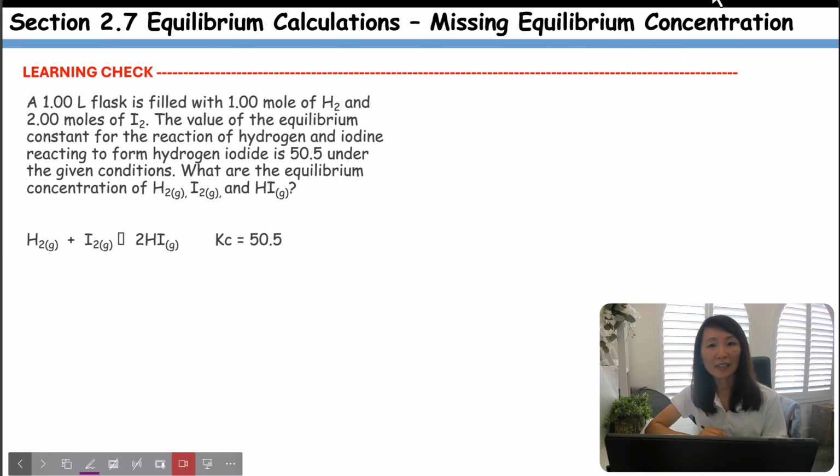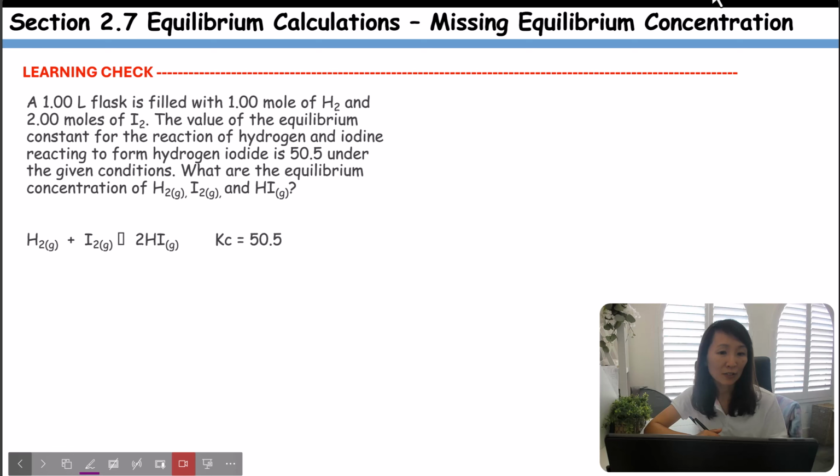Go ahead and try this particular learning check and then come back and check the key. I will lead you just only up to the ICE table for now, and then I hope that you're able to connect what you have learned so far, utilizing the quadratic equation to find the final answer. So let's go ahead and set you up with the ICE table.